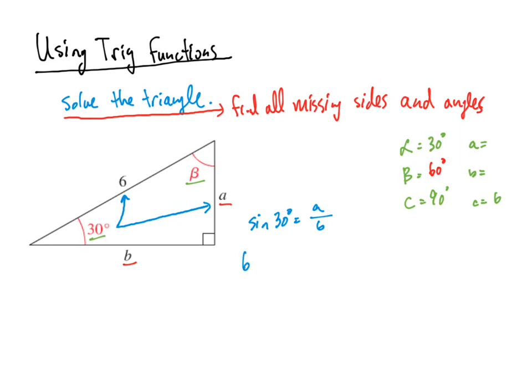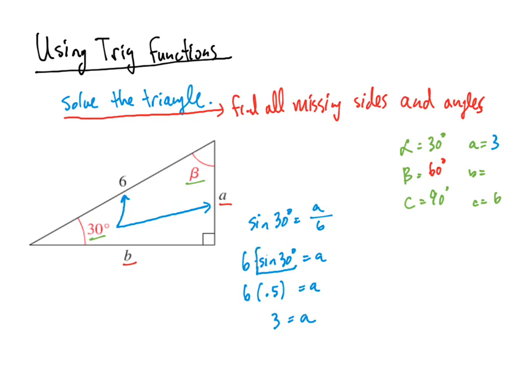We get 6 times sine of 30 degrees is equal to A. At this point, we'd use a calculator, and we'd type in sine of 30 degrees. We'd hit enter, and we'd find out that that is equal to 0.5. So 6 times 0.5 is 3. So 3 is equal to A here.